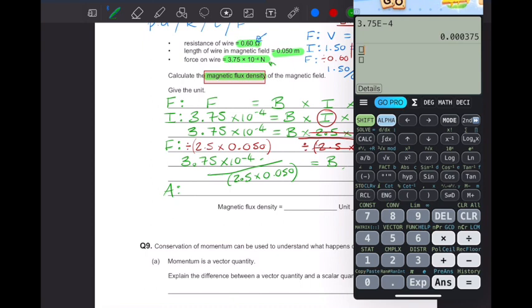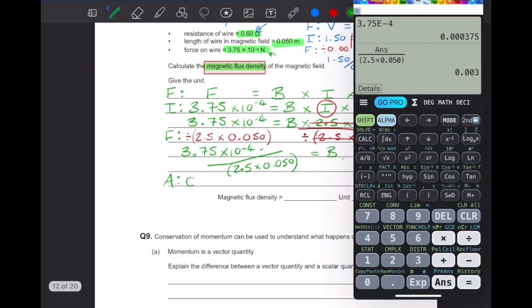So my answer divided by, and I'm going to have to use a bracket, 2.5 times 0.050, close the bracket, gives me 0.003. So I'm just going to write that in. 0.003 is my answer, and the units of magnetic flux density are Tesla, capital T.